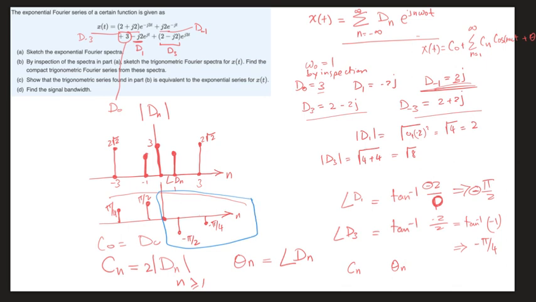This positive side is going to be the theta n, this phase diagram. That's why it says by inspection. So this phase diagram is simply taken as it is, the positive side of it, and this is going to be your theta n. So theta n is 0 at 0, minus pi over 2 at 1, minus pi over 4 at 2, and 0 everywhere else.